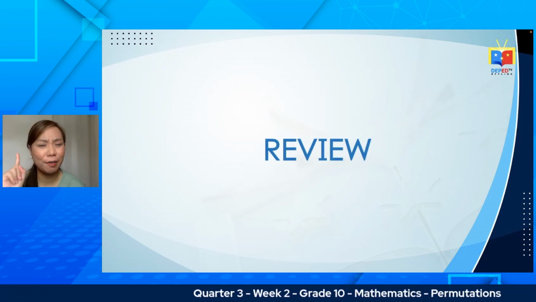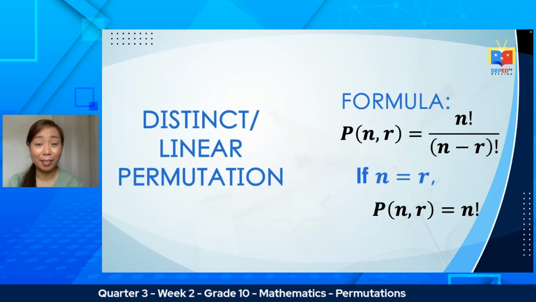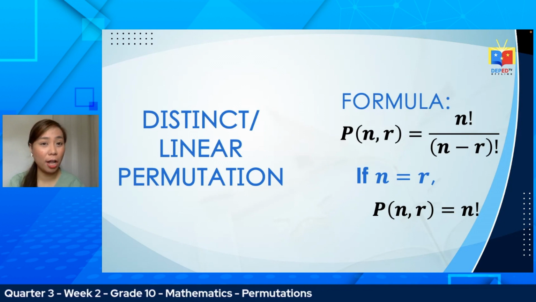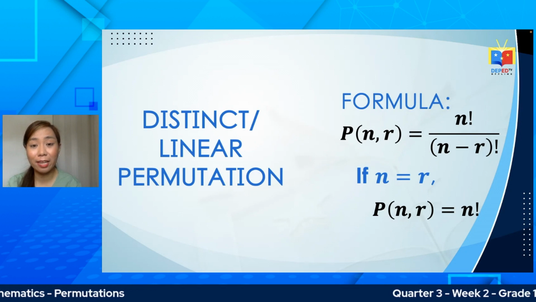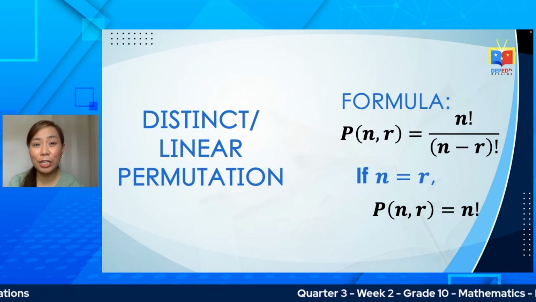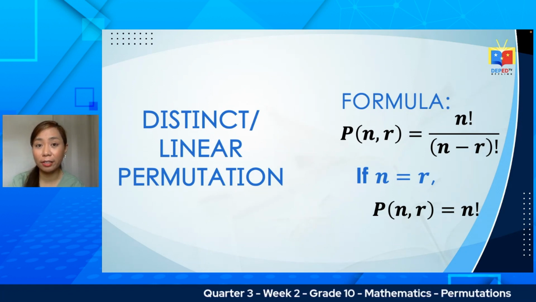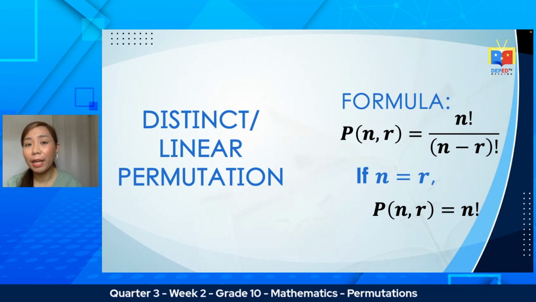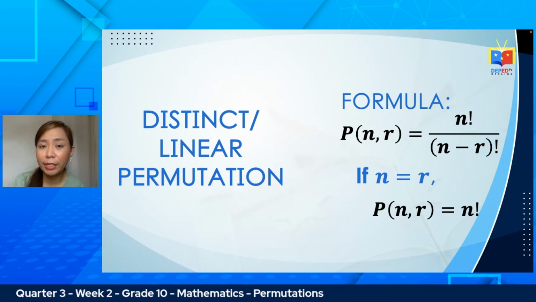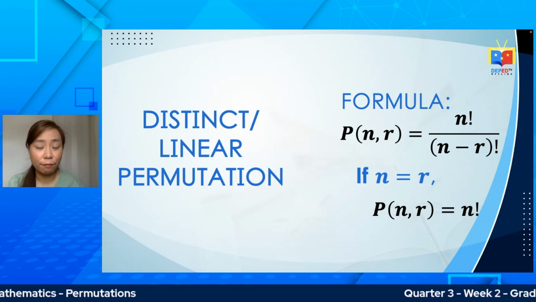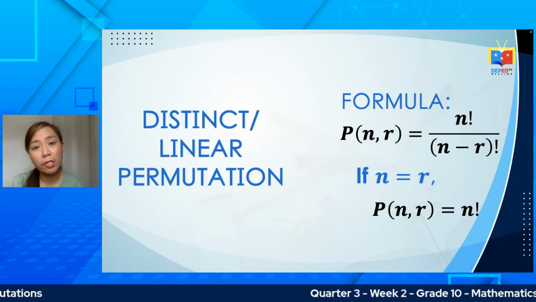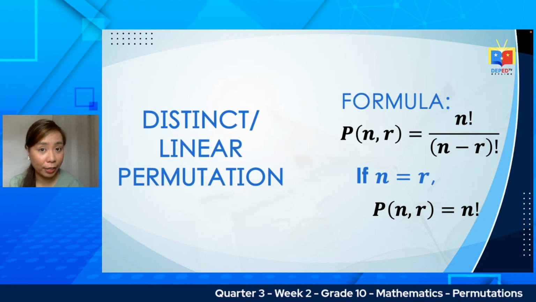Again, let's just review. For the first permutation, we call it the distinct or linear permutation. The formula we use is the permutation of n objects taken r at a time is equal to n factorial over the quantity n minus r factorial. But if n is equal to r, we simply have to get the n factorial.